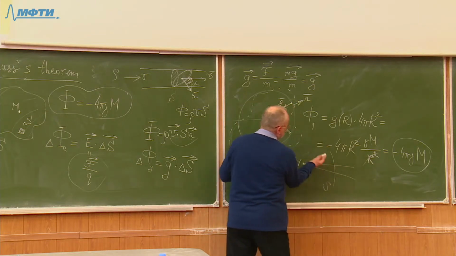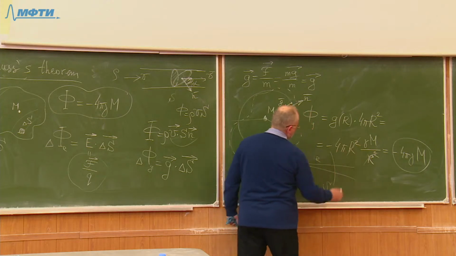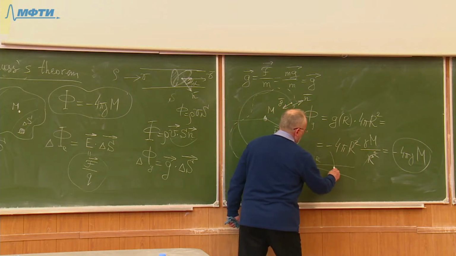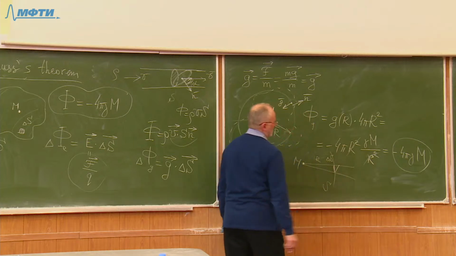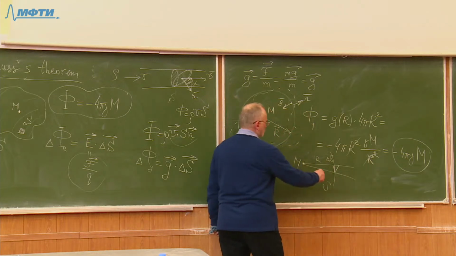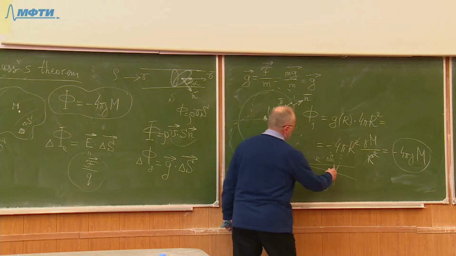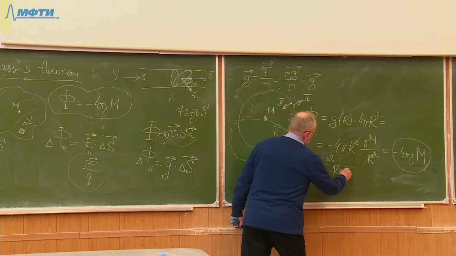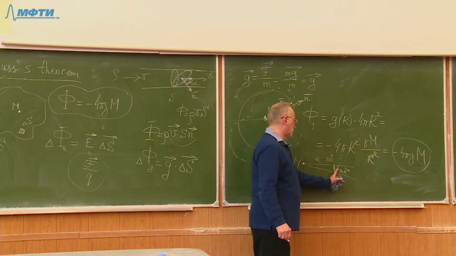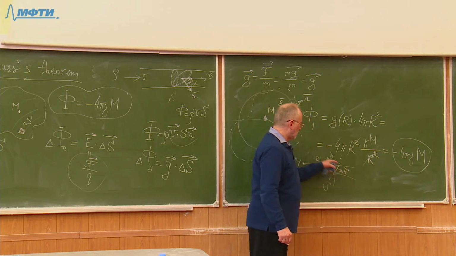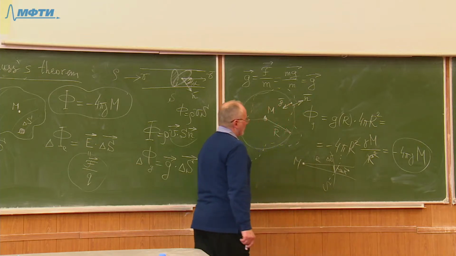And if I deform the sphere in any arbitrary way, then this small surface area delta S will take some other form, like it will be somewhat inclined, because the surface is deformed in an arbitrary way, so that the normal to this surface, a unit vector perpendicular to the surface, will look sideways.